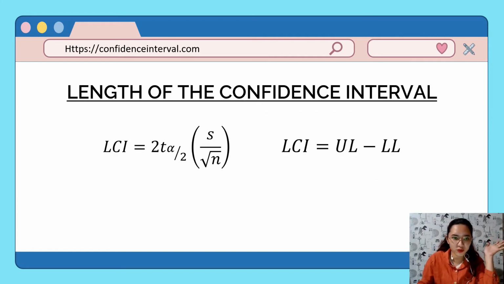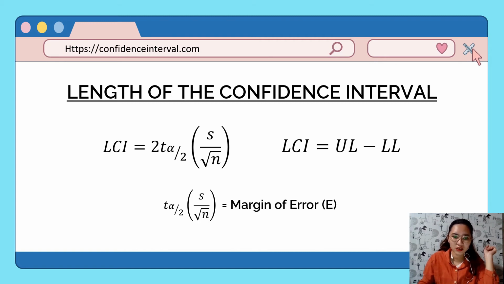So, same lang din po to identify the length of the confidence interval. Kunin lang po natin yung twice ng ating margin of error, wherein ang margin of error po natin ay ito. So, again, t confidence coefficient po yung kailangan natin dyan. Or, we can also use this formula wherein we have to get the difference of our upper limit and the lower limit.